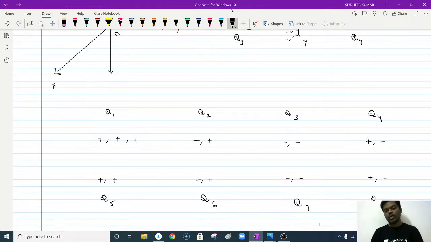So for the upper part, let us take all as positive, and the lower part take it as negative. That's it. So this is the way we can easily find the signs of all these 8 quadrants.